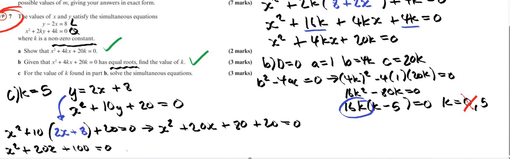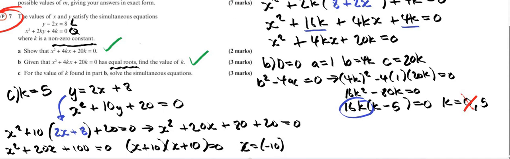Okay, so now we're going to factorize this and work out what our solutions are. Well, I need a number that adds up to 20 and gives me 100 when I multiply it. So my sum and product, easy, you know that. x plus 10 times x plus 10 equals 0. So x equals minus 10.